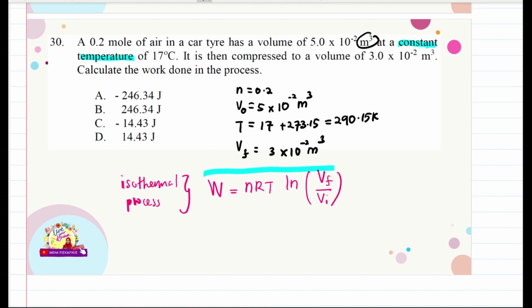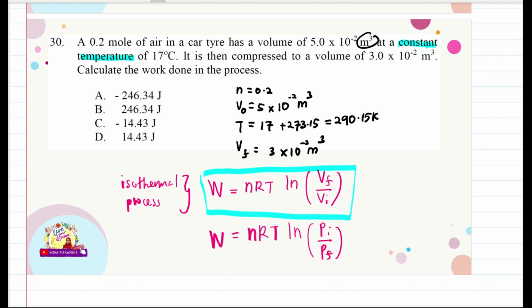Okay. Tapi kalau you ada pressure, you boleh kira work is equal to nRT ln P initial over P final. Okay, jangan tertukar ya. Initial dengan final, siapa duduk dekat atas dengan siapa duduk dekat bawah. So, kalau volume, final over initial. Tapi kalau pressure, initial over final. Okay.